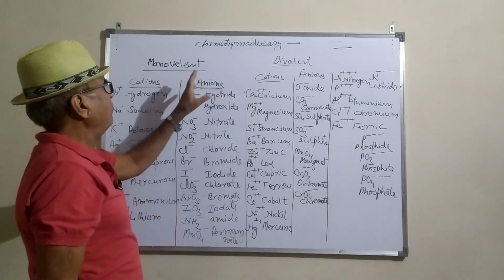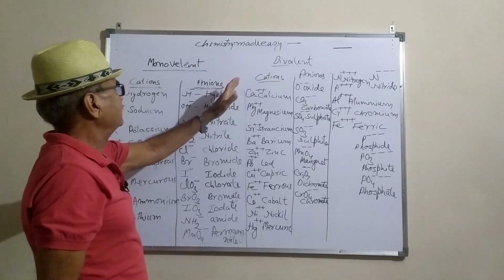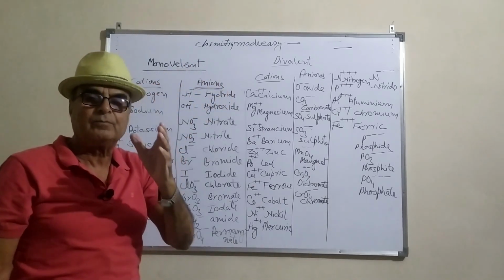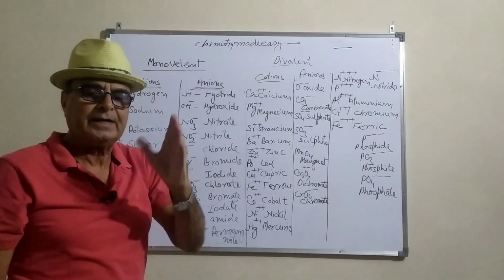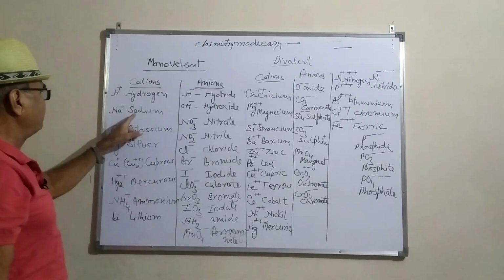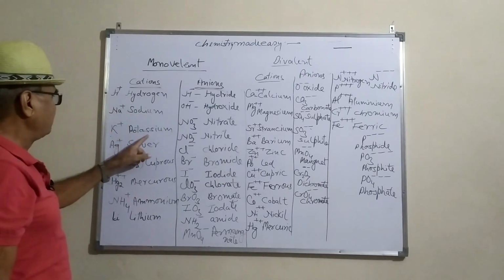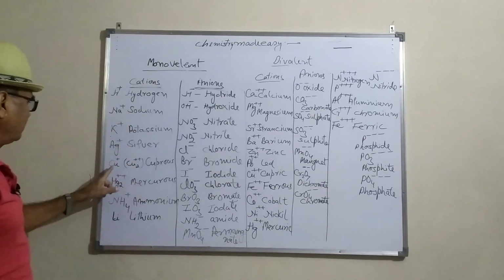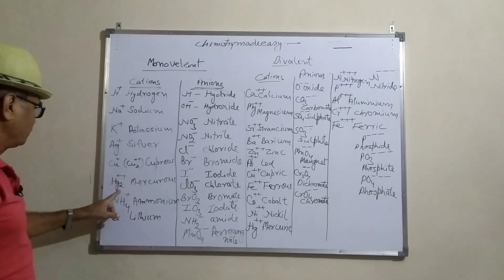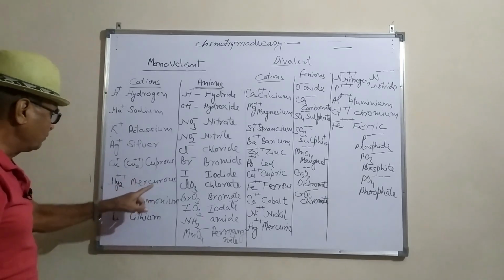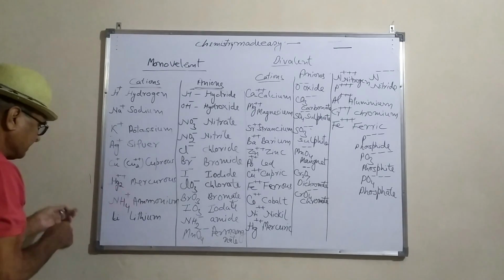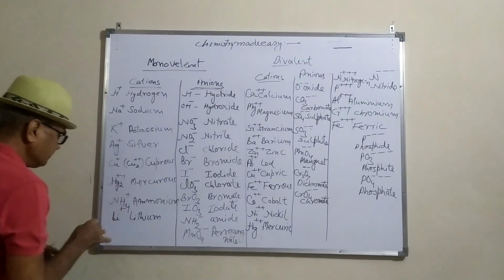This is a table for ions. First, monovalent ions means one positive charged. Cations: hydrogen H positive, Na positive sodium, K positive potassium, Ag positive silver, Cu positive cuprous, Hg2 double positive mercurous, NH4 positive ammonium, Li positive lithium.